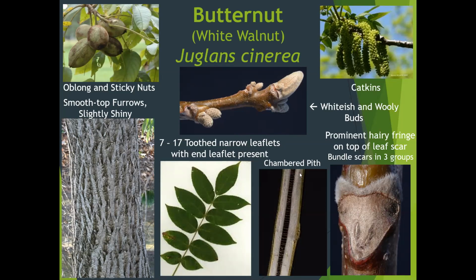But like I was saying before, with these leaf scars, there's a prominent hairy fringe on top of the bundle scar. So there's a prominent hairline on the face of the monkey or the alien. You'll be able to see those two eyes on the sides and then the U-shaped bundle scar on the bottom. So that's one way to identify white walnut versus black walnut. And they still possess catkins as their flowers.